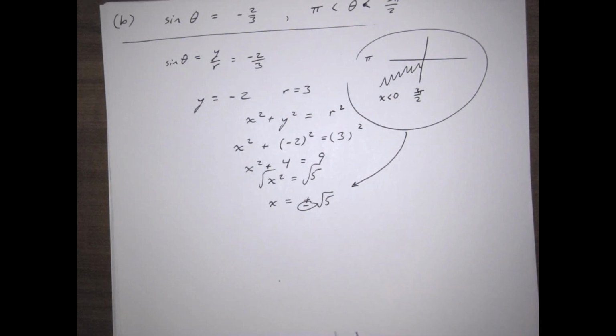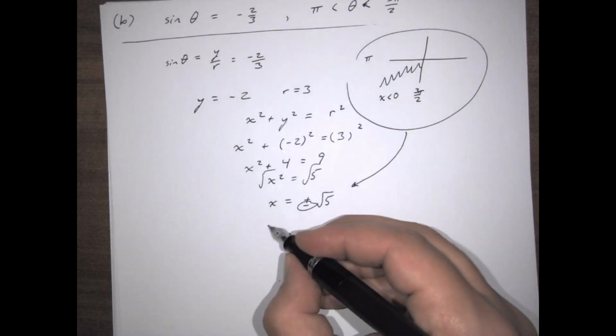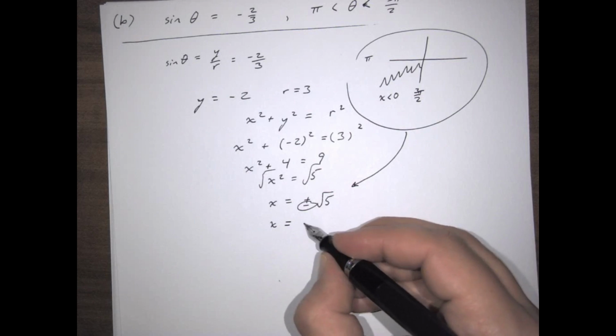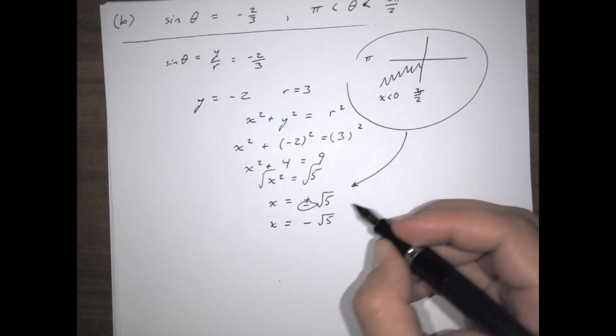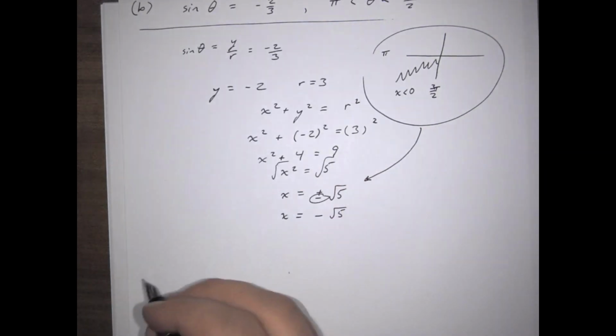So we use this to deduce whether x is positive or negative, and we deduce that it is negative. So x is equal to negative square root of 5.